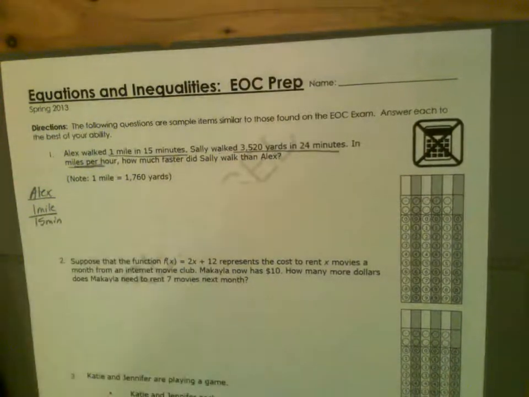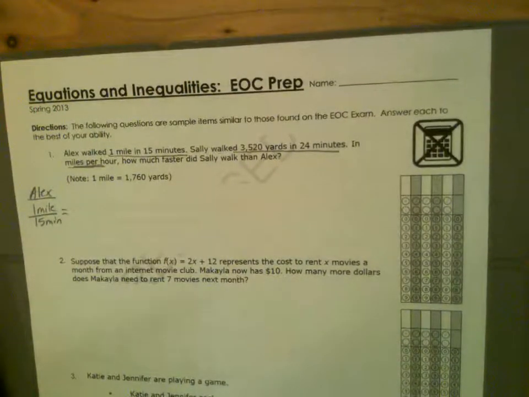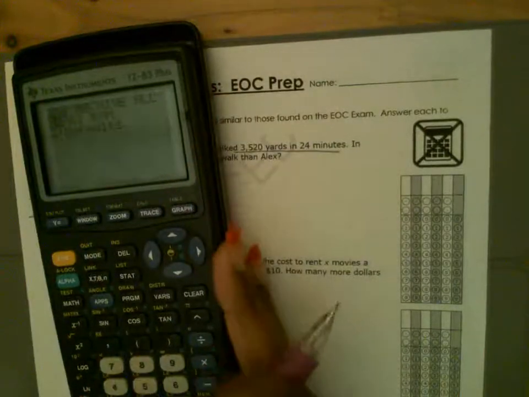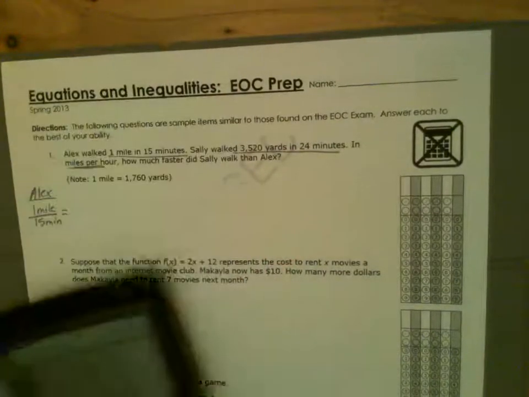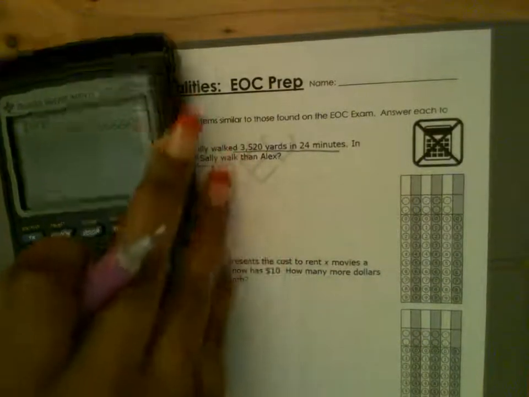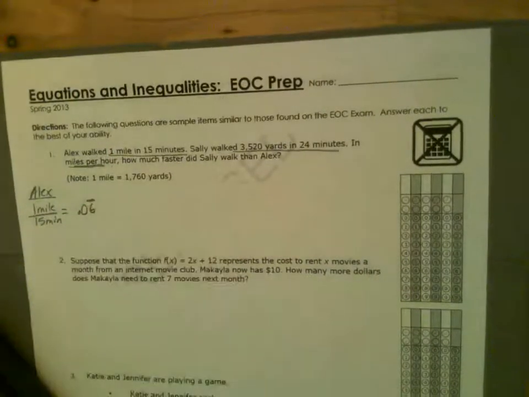Okay, so in order to convert, we first are going to simplify to see how many miles that is in every single minute, and then multiply it by 60 minutes, because that will give us the hour time. Okay, so I'm going to clear my calculator. That's second plus 712. Okay, and we're going to say 1 mile divided by 15 minutes, and that gives us this 0.06 repeating. Okay, that's what it gives us per minute.